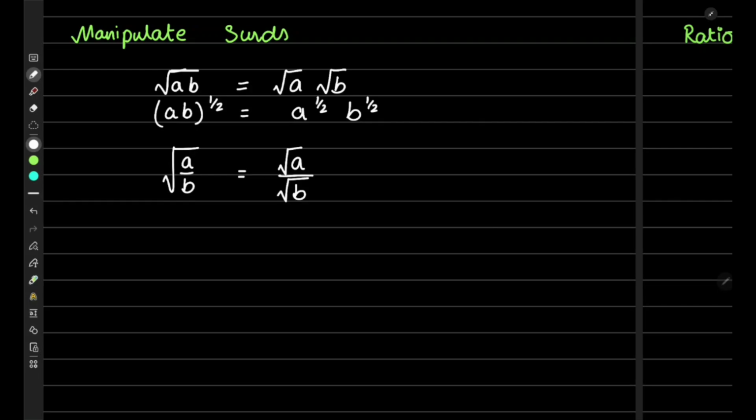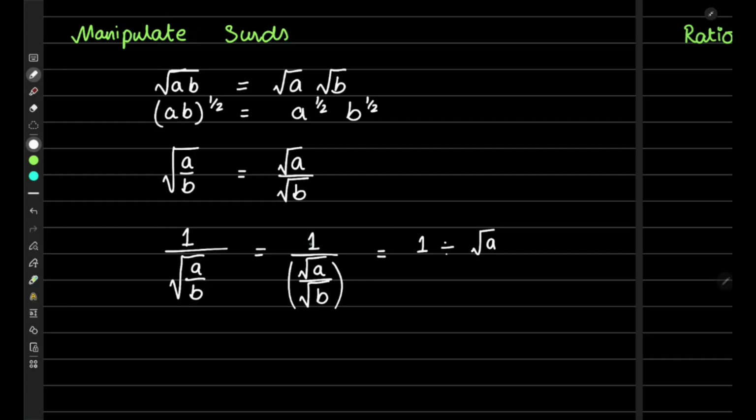Similarly, we must also know how to deal with the reciprocal of this. For example, if you have 1 over square root of a over b, we must know how to deal with it. It is actually done in this way: you first distribute the square root on the numerator and the denominator, and then you can write it as 1 divided by square root of a over square root of b.